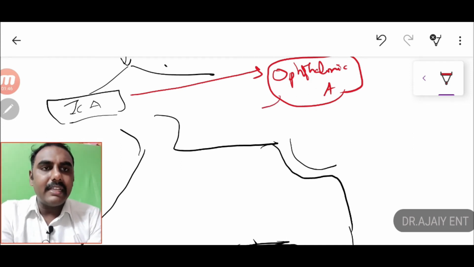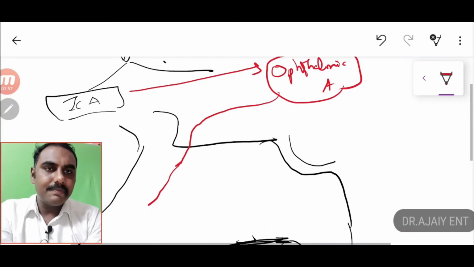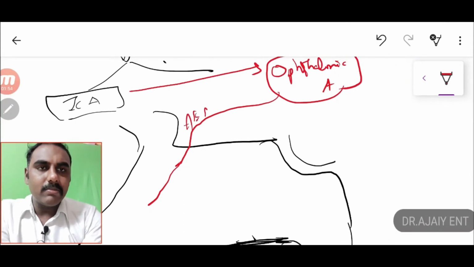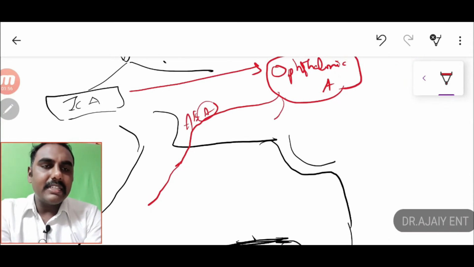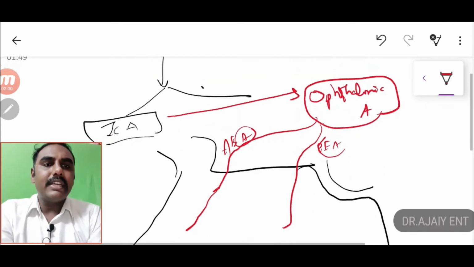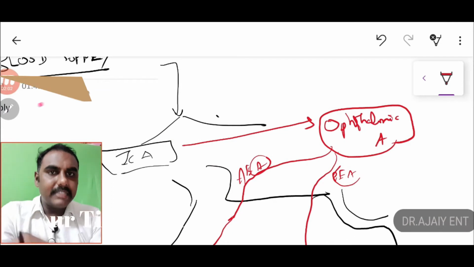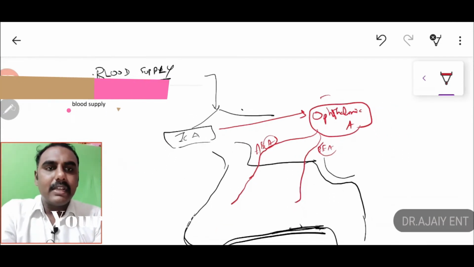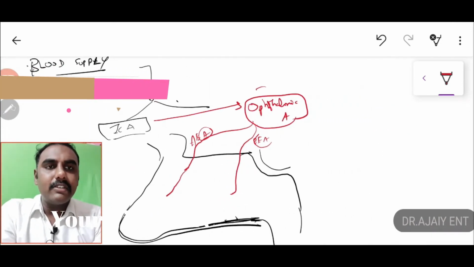The ophthalmic artery will further divide into two branches. One is the anterior ethmoidal artery, and the other is the posterior ethmoidal artery. Clear? So the internal carotid artery has a branch, the ophthalmic artery, which is further divided into the anterior ethmoidal artery and the posterior ethmoidal artery. Both supply the nasal septum.